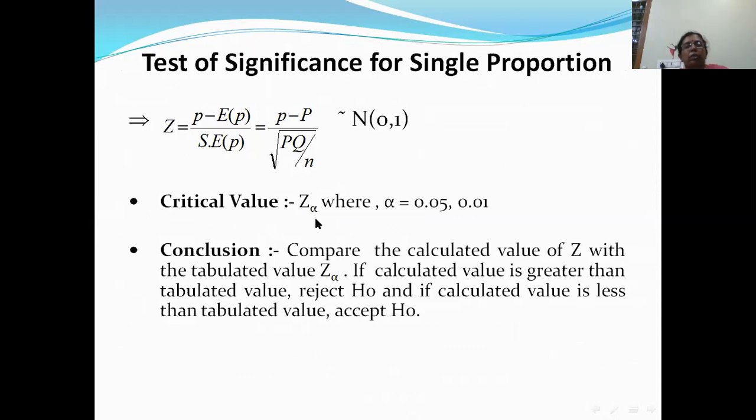Then the critical value will be z alpha, where alpha can be 5% or 1%. Conclusion: we compare this calculated value of z with the table value z alpha. If the calculated value is greater than the table value, we reject H naught. And if the calculated value is less than the table value, we accept H naught.